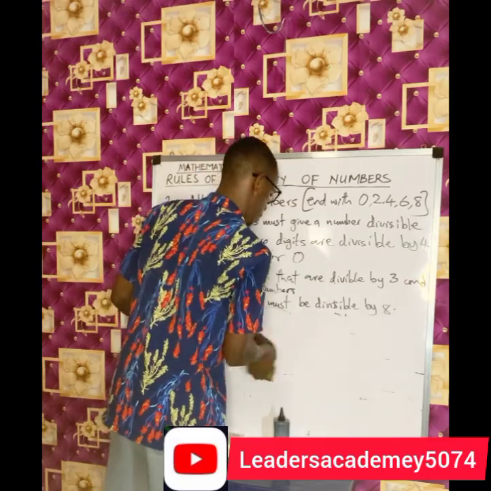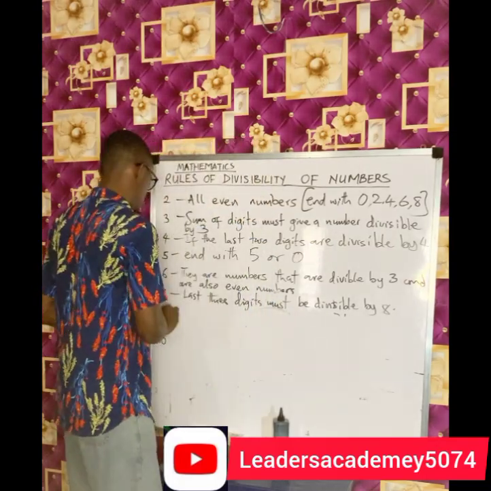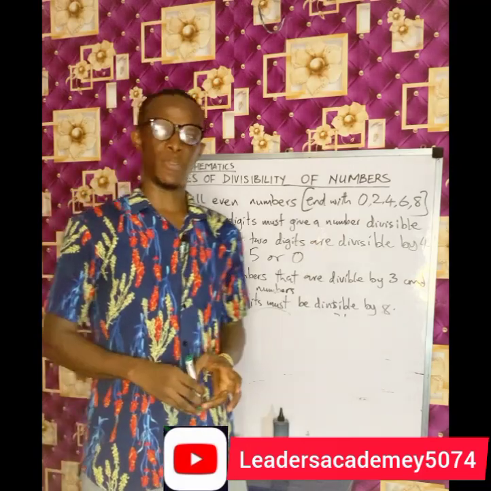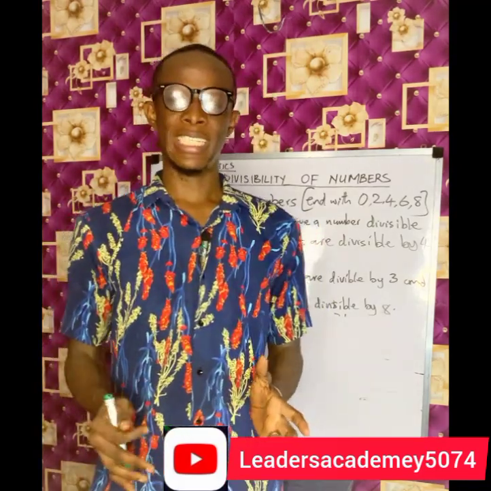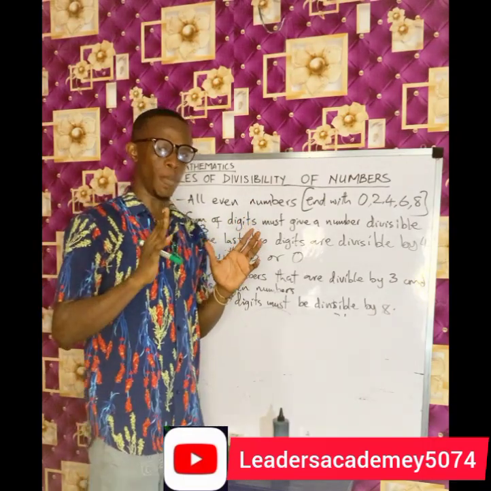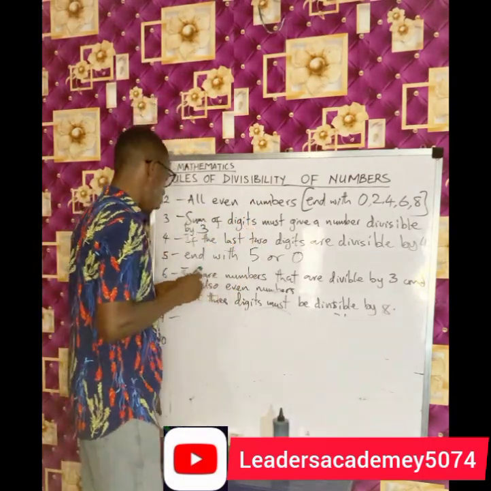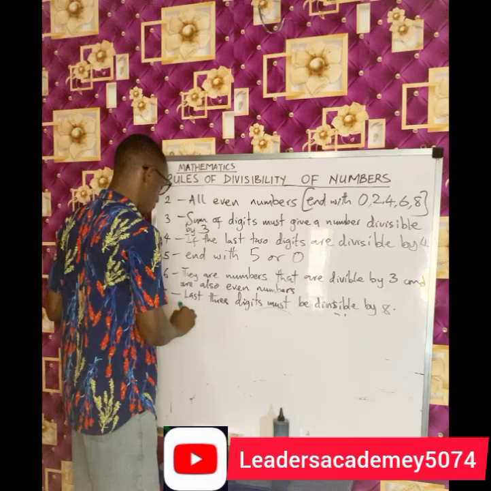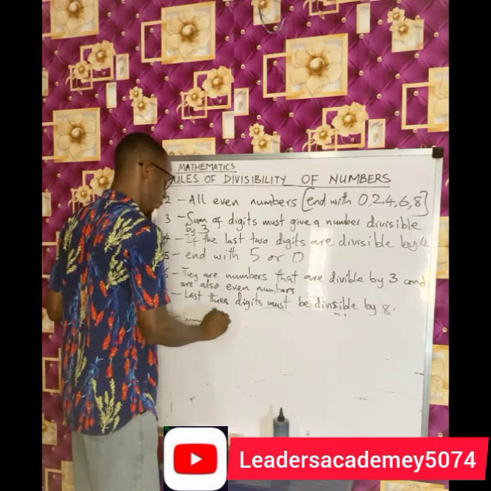For 9, a number is divisible by 9 if the sum of the digits gives you a number that is divisible by 9.